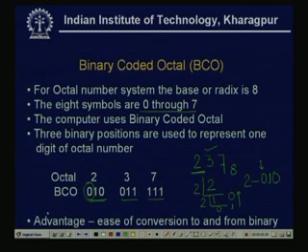So, the binary value will be only 1 0, 0 1 1, 1 1 1. So, the advantage is that it is very easy to convert from binary to BCO or BCO to binary, and that is why these are very much used in computer systems.